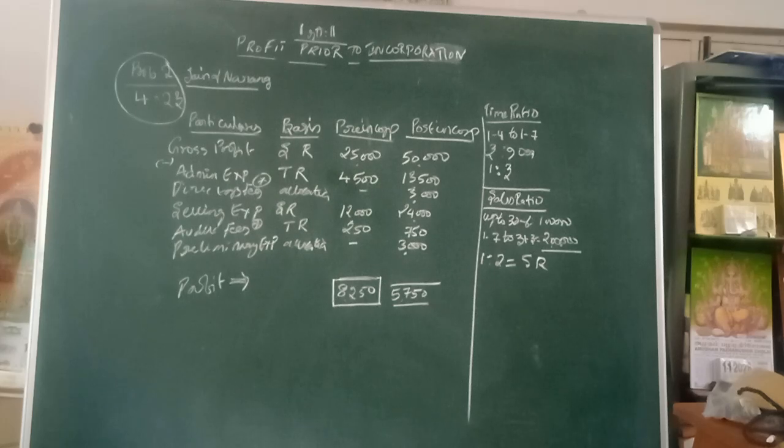Then selling expense, no explanation is required for this. Title is selling expense, so it is apportioned on sales ratio. Then another important thing is audit fees. I put a mark on that audit fees. Why? Because in some texts audit fees is apportioned only to the post-incorporation period, as applicable only for a company, but I feel that is not the correct explanation, because the rule says that auditing is required for all types of business, even a petty shop.